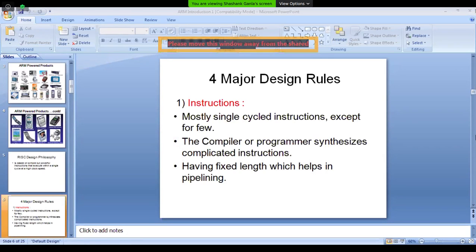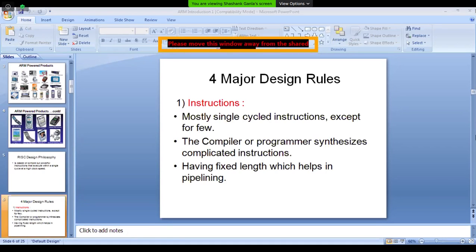So any CPU will mostly have the primary instruction set which consists of addition, subtraction, but it may not have support for some kind of complex instructions. So let us assume that multiplication and division are not available in RISC architecture. Then we have to realize the multiplication using repeated addition.